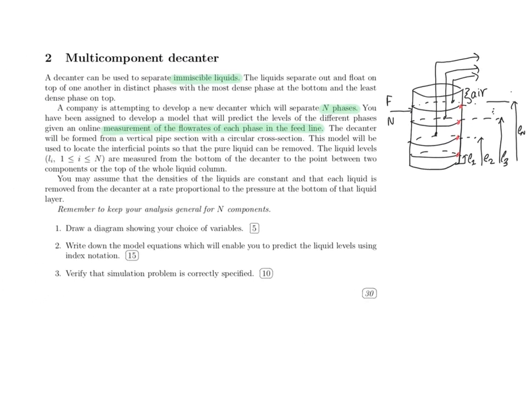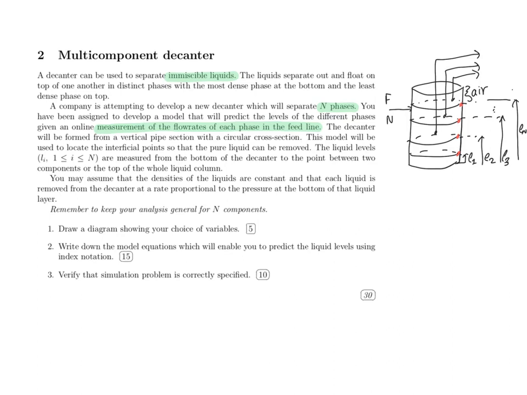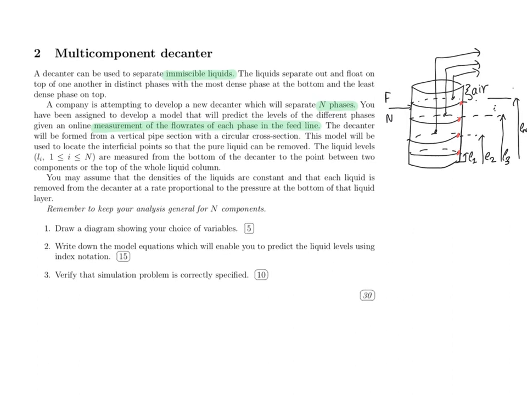So we need a name for each of these different phase flow rates. I'm going to call that Fi. So let's continue looking. We know that the liquids are immiscible, so they'll all come in the same pipe.